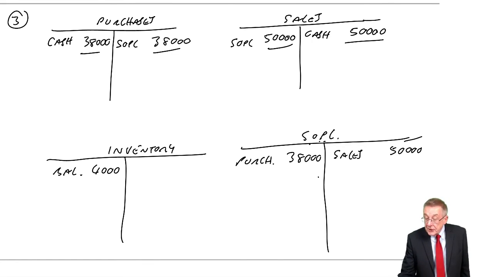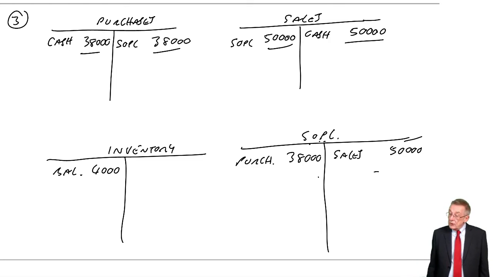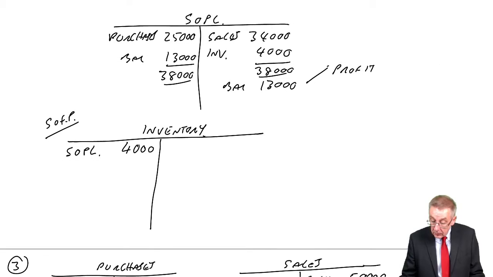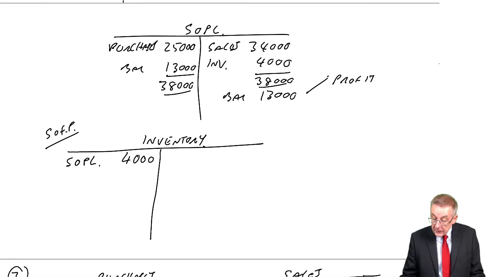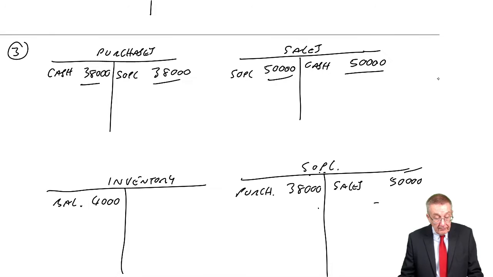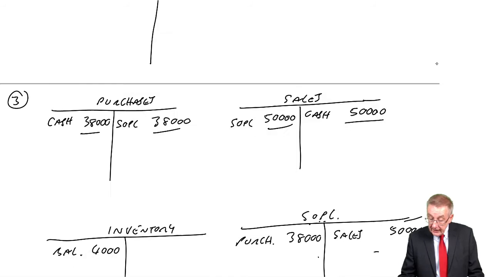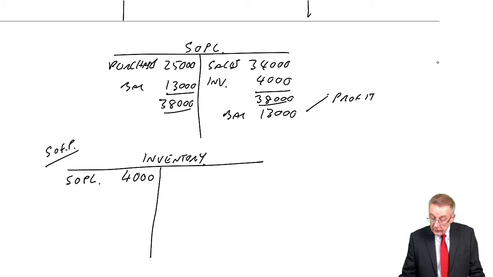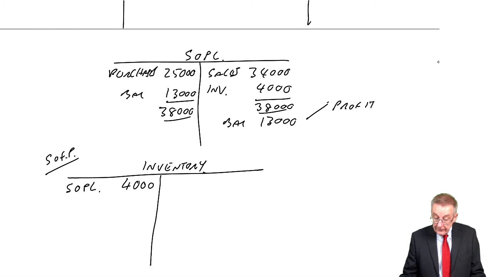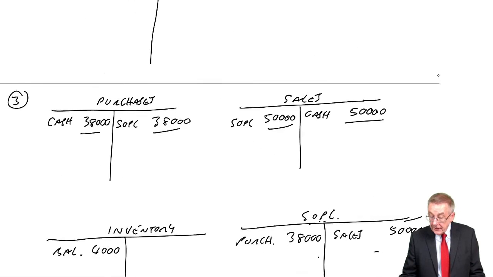Two things. First of all, if we stop there, we get a profit of 12,000, and yet we know the profit is 13,000? Yes, it is. It can't be. 34, 38, 38, 34, 25. What am I talking about?